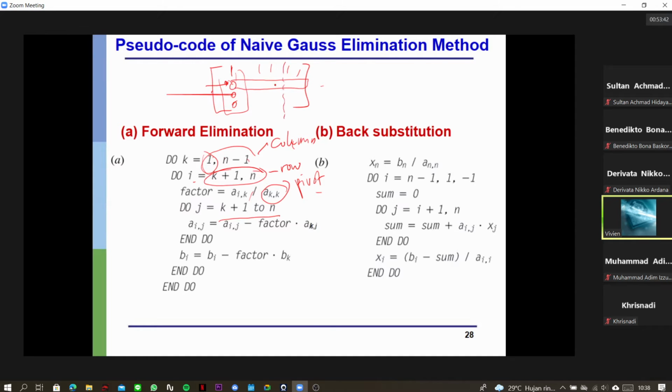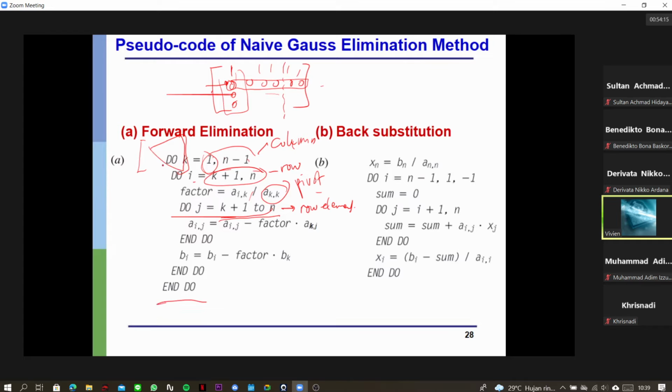We change the value of all elements in the same row. Once we finish with that row, we continue to the second, third, fourth row, and so on. This is the forward elimination stage, which creates the upper triangular matrix.